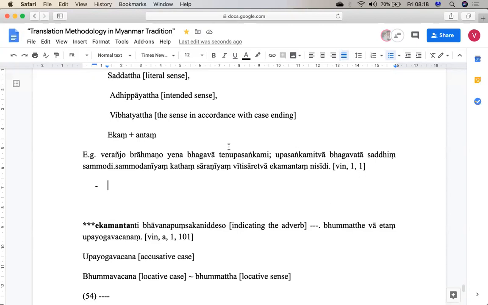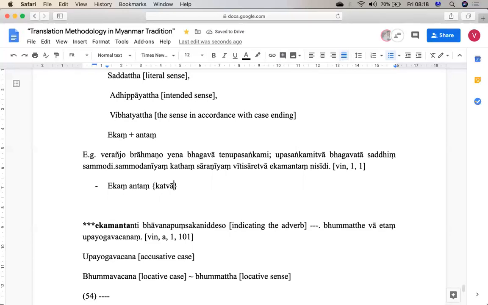So here in the commentary explanation, the first one is bhāvanapuṃsakanidesoti, and the second one is bhummatthe vā etaṃ upayogavacanaṃ. But based on that commentary explanation, the Burmese translators translate the first one as ekaṃ and aṃsaṃ, and after that they put the word.